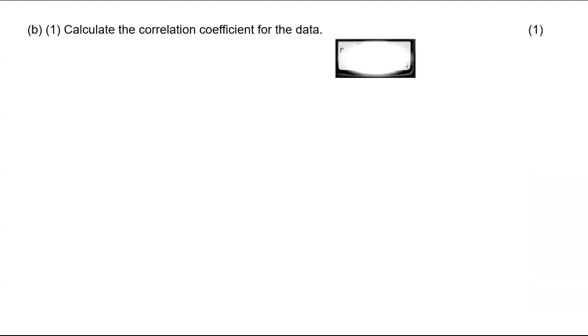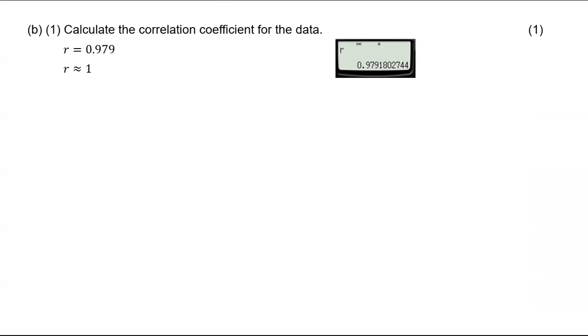That can be given an estimate, and the approximate value will be 1. It's approximating 1. So there's a very, very positively strong relationship between the math mark and the science mark.